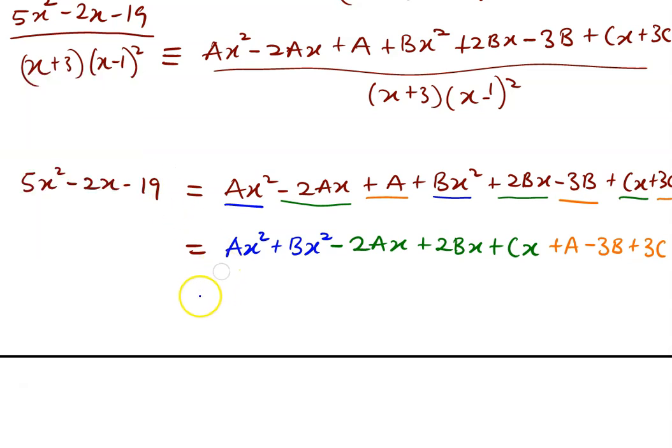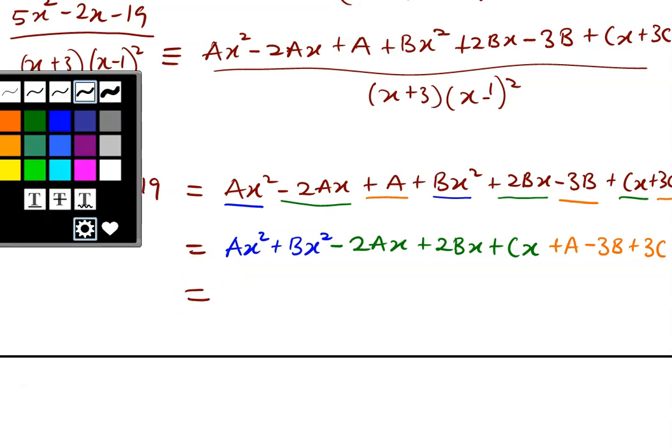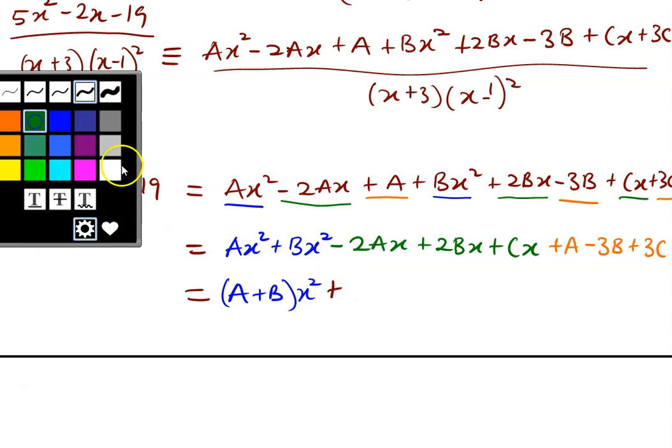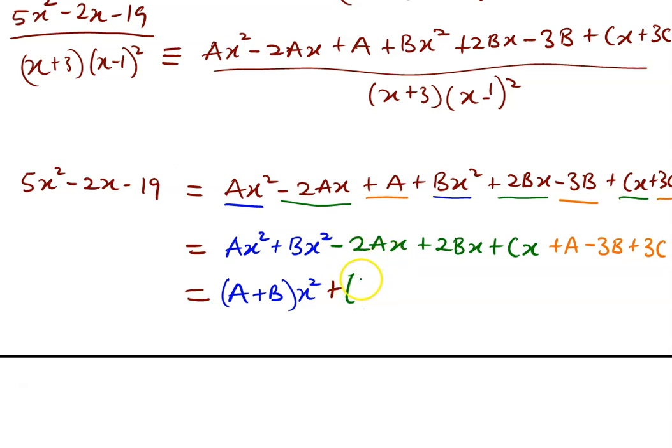Let me factorize them. Let me use this ink to write the equal sign, to try to be a little clearer. So with this, I have a plus b, and that gives the x squared. I factorize x squared out. Then I can factorize the x out. That is minus 2a plus 2b plus c, times x.